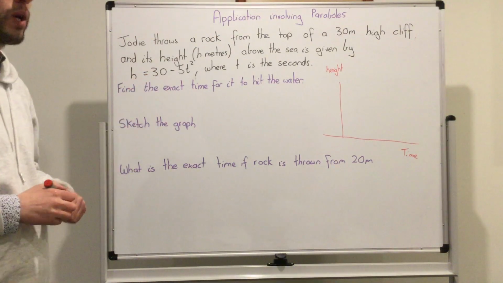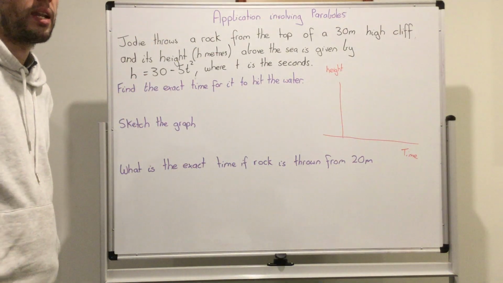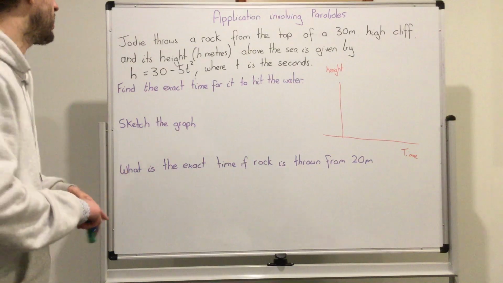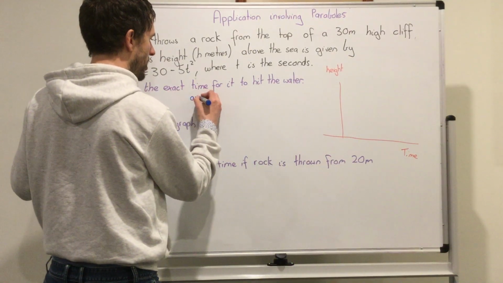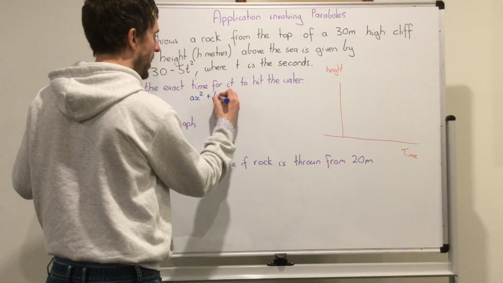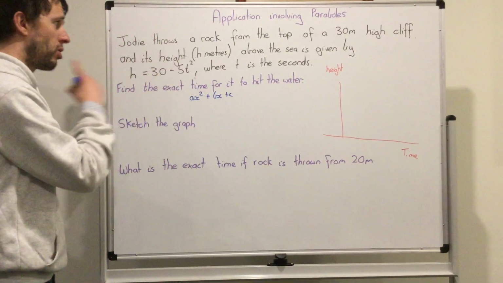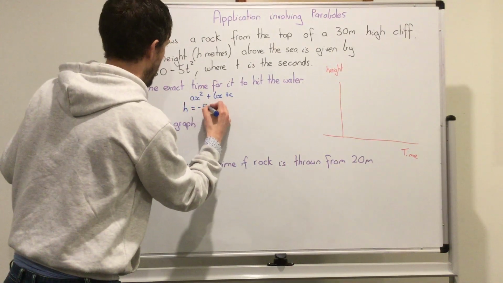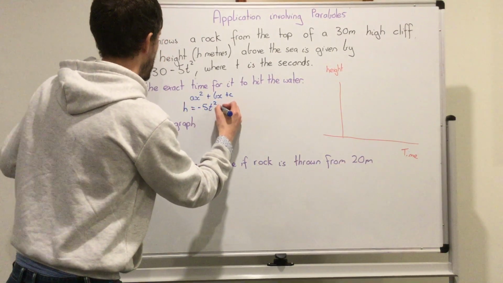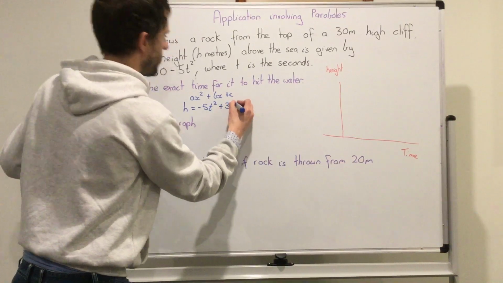Well, I'm going to rewrite this equation just slightly, so we can break it down and see it. A normal quadratic would be ax squared plus bx plus c, so I'm going to move that around: h equals negative 5t squared plus 30.